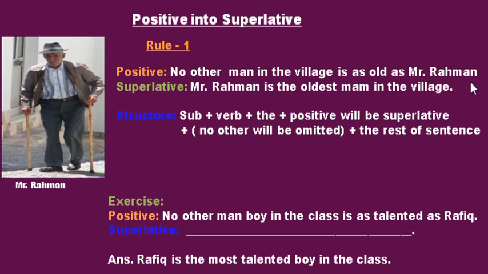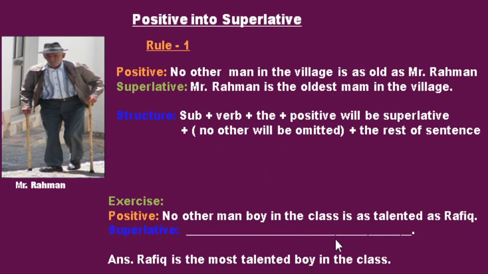Mr. Rahman is, you have to use first subject, then verb, then the superlative form, the oldest, you know. Before superlative form, you have to use article, the definite article the. Mr. Rahman is the oldest man in the village. Subject plus verb, then the positive form will be a superlative form.